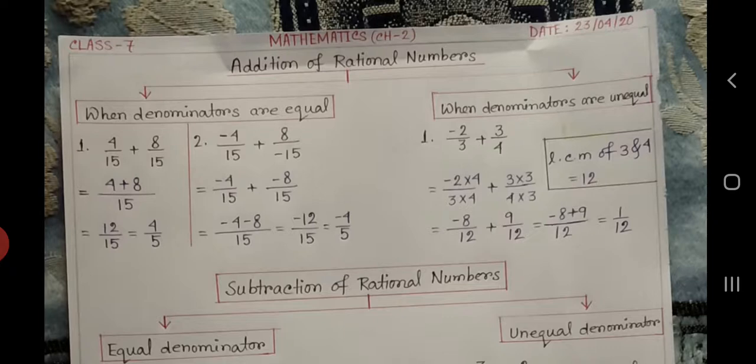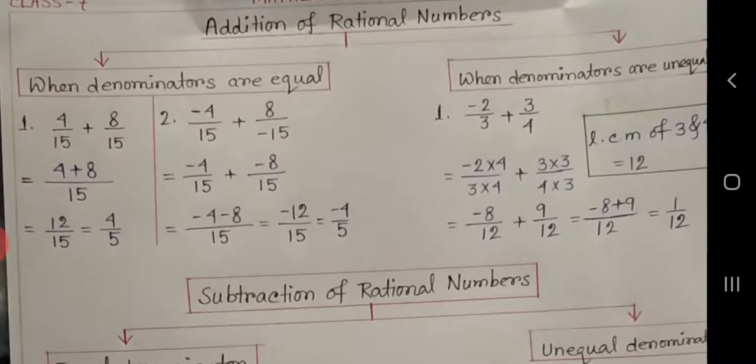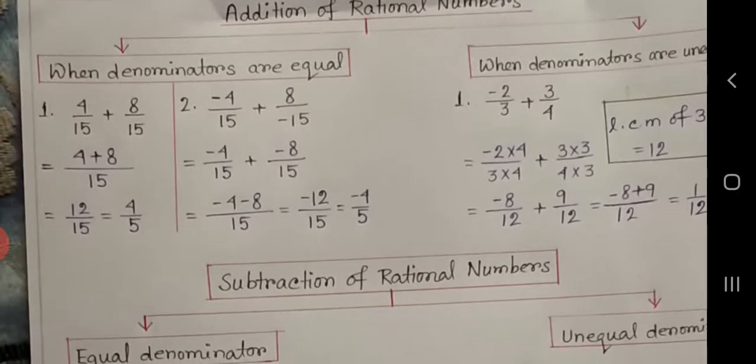The addition are of two types. First type is when the denominator of the rational numbers are equal, and second type is when the denominators are unequal. So coming to when the denominators are equal, for example, here you can see the first example 4 by 15 plus 8 by 15.